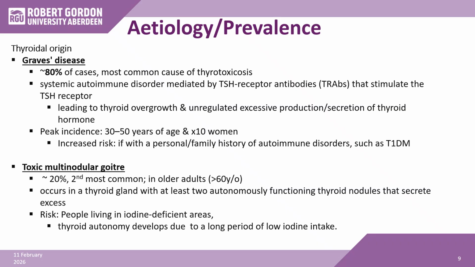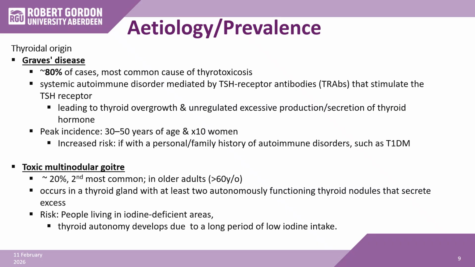With regards to Graves' disease, it accounts for up to 80% of the cases, and it's the most common cause of thyrotoxicosis. It's a systemic autoimmune disorder, mediated by the TRAbs, the thyroid-stimulating hormone receptor antibodies that stimulate the TSH receptor, leading to thyroid overgrowth and unregulated excessive production and secretion of thyroid hormone.